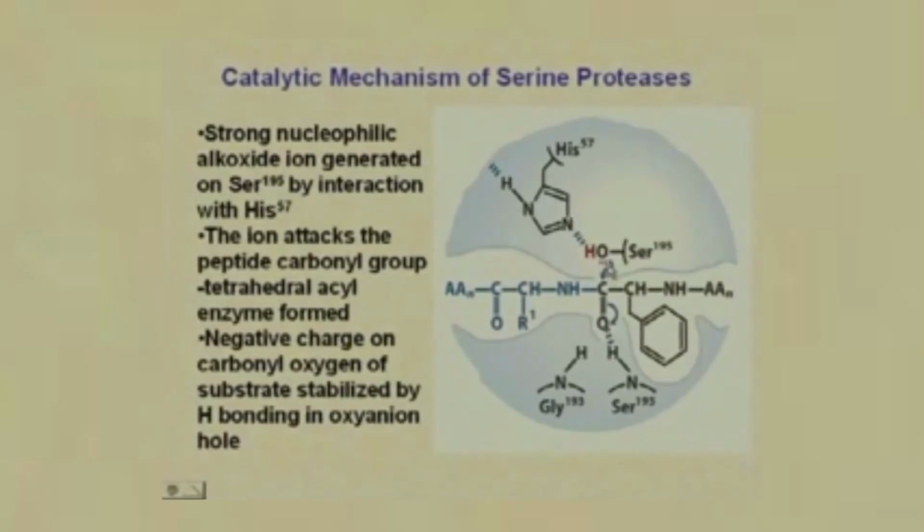So what is happening is this O, after the abstraction of the H to the histidine, forms an O- that sits in this oxyanion hole and is stabilized by the NH of glycine 193 and serine 195. So, this is our first step. What has been formed now?